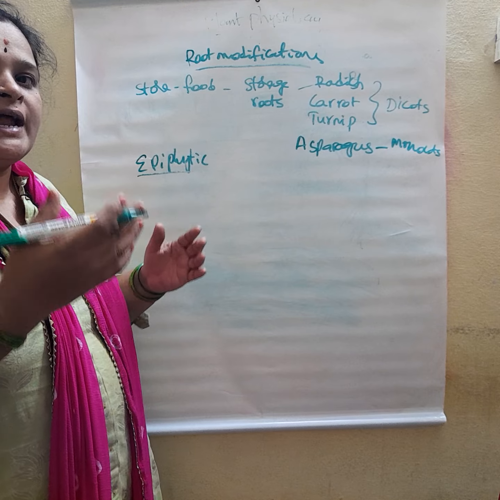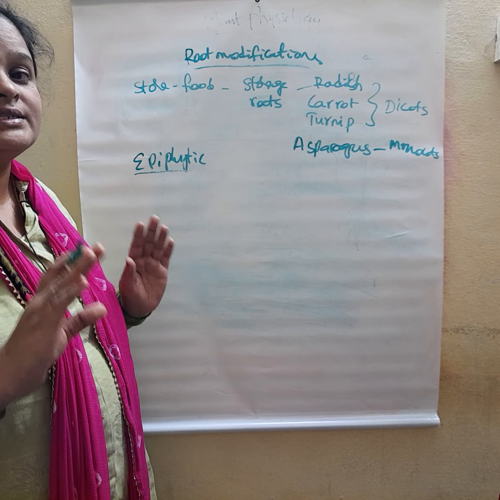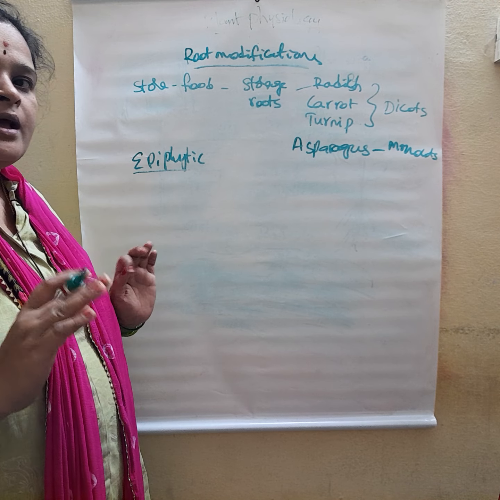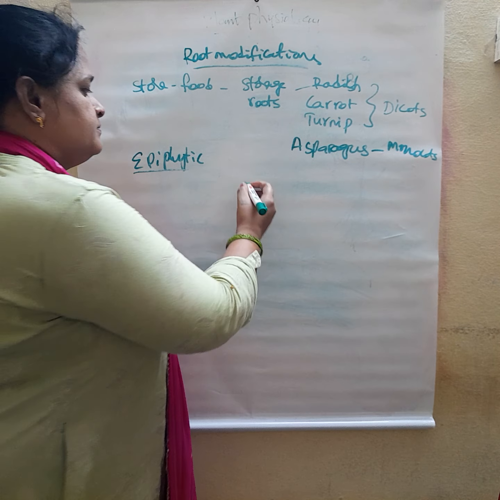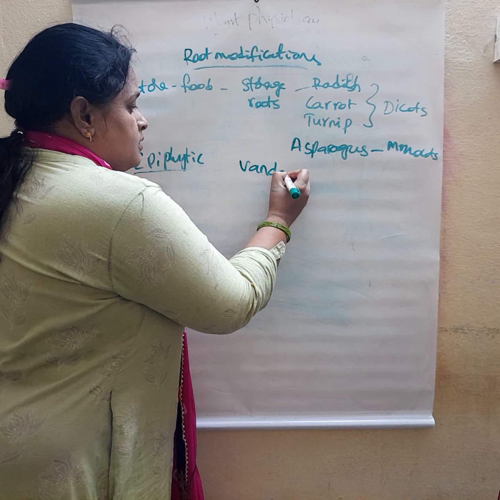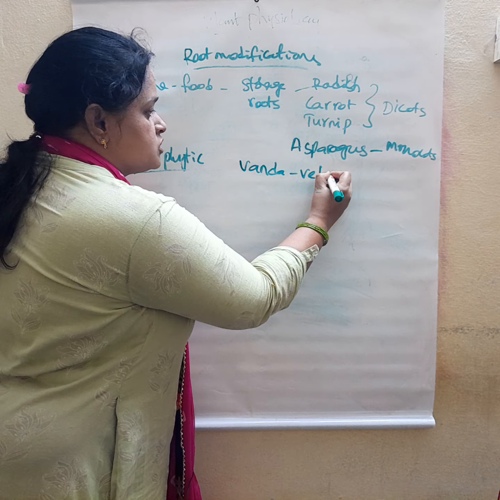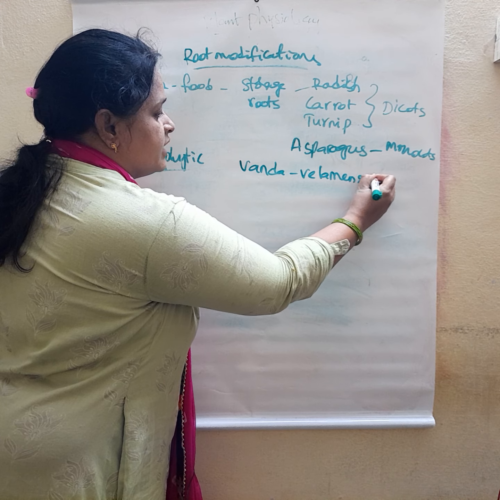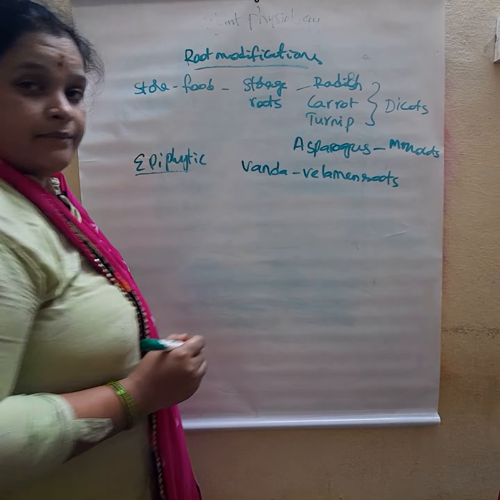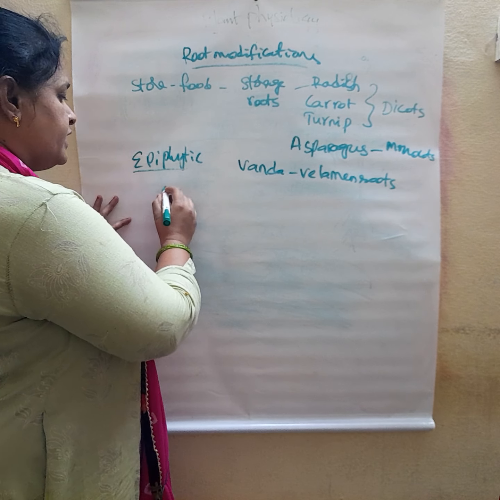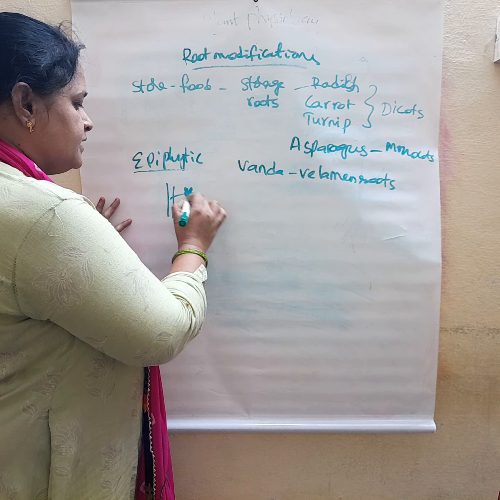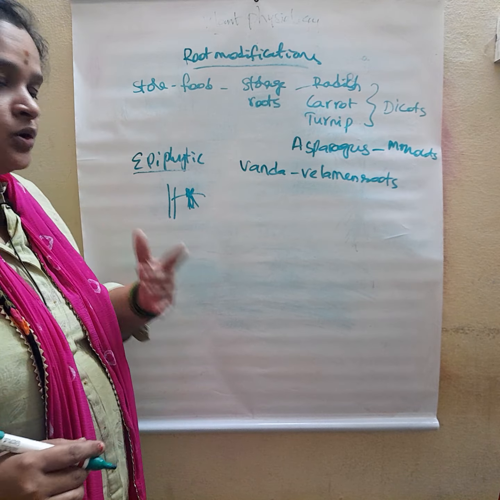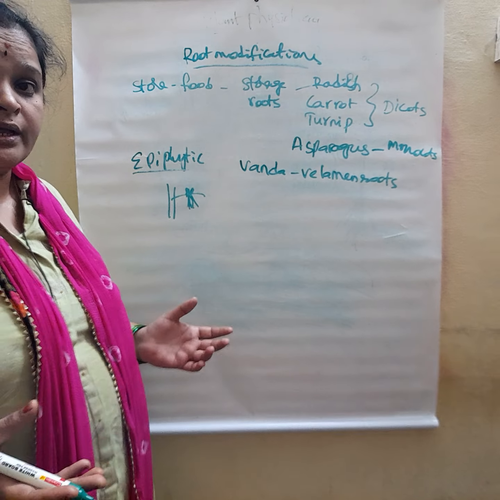So growing above the plant, they are called epiphytic plants. In these epiphytic plants, example is vanda. They have specialized roots called velamen roots. Actually they are growing above the tree branches, simply having hanging roots. They are called velamen roots.